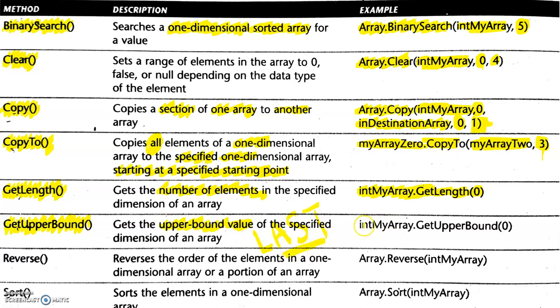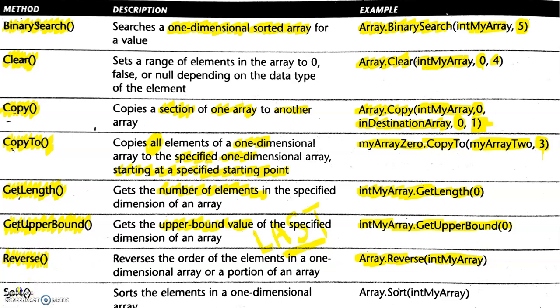You simply need to write the name of the array, dot, and the function along with the dimension or the index. And then we have reverse. As the name suggests, you can reverse the array. For that you just write array dot reverse, and in the parameter give the name of the array which you want to reverse.